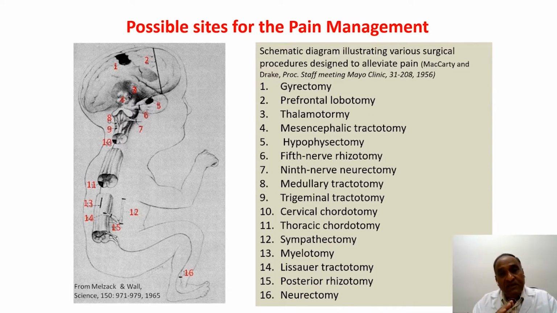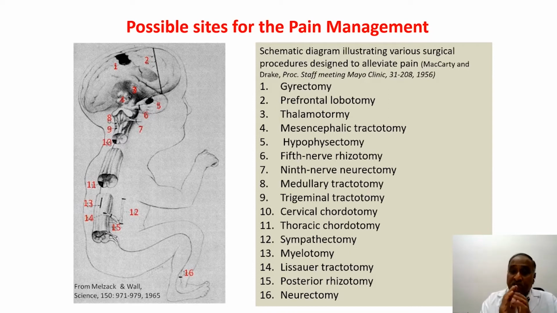Then sever the connections from thalamus to the cortex. That means the ventroposterolateral nucleus of the thalamus or the thalamic areas are severed or removed or ablated.